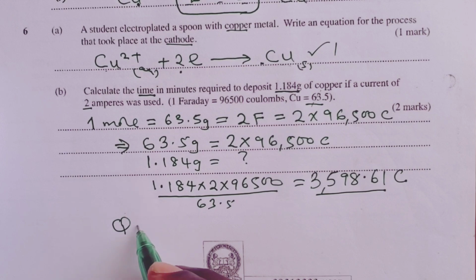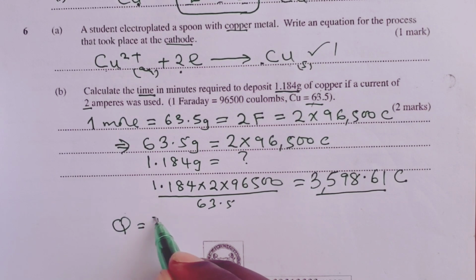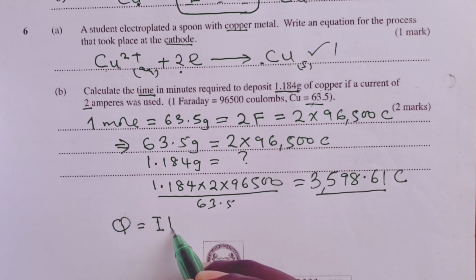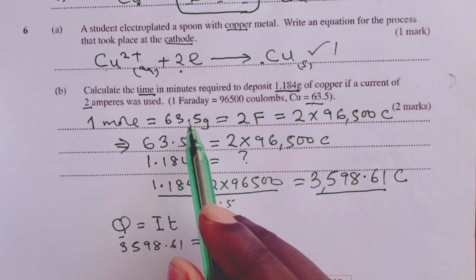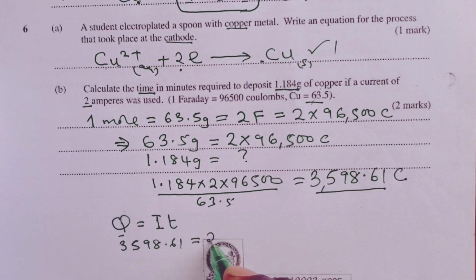Now, from here, once we've gotten our quantity of electricity, we now relate it to our formula. Quantity of electricity is given by current in amperes, that is I, multiplied by time in seconds. So we already have our Q as 3,598.61. This should be equal to the current we have as 2 amperes. The only thing we miss here is time.